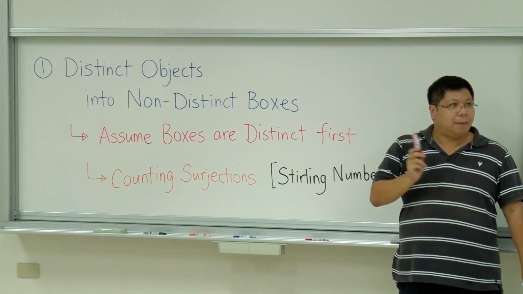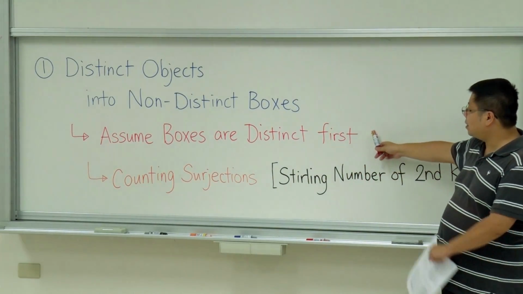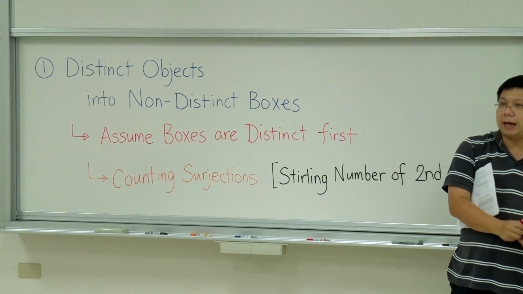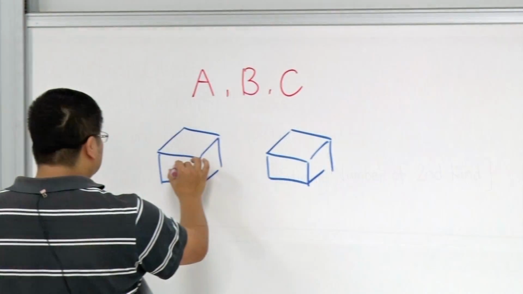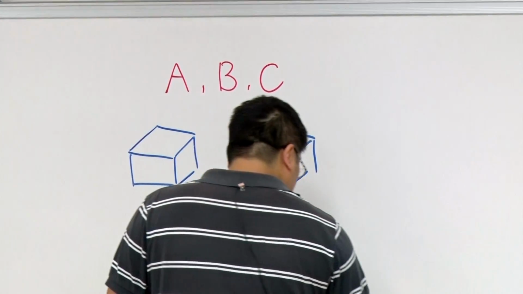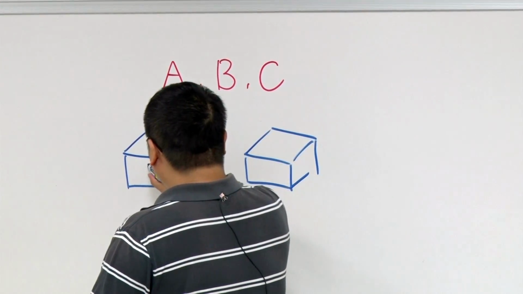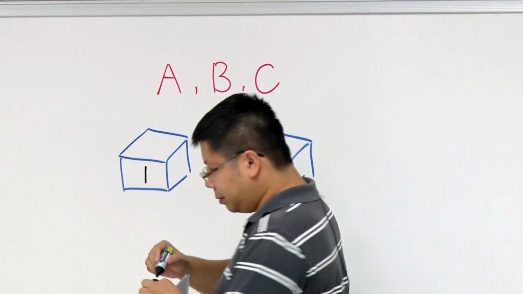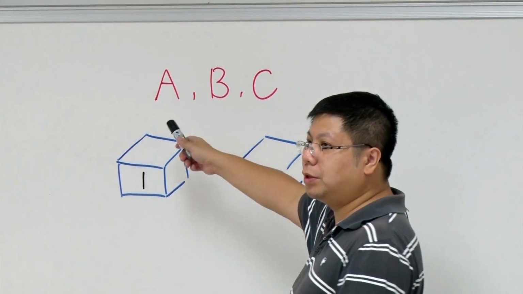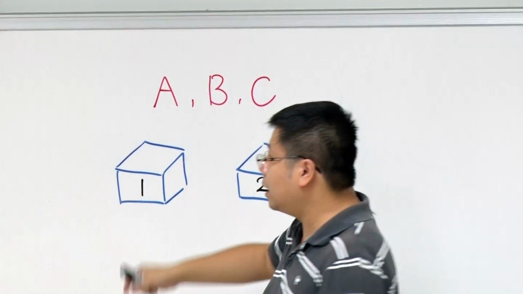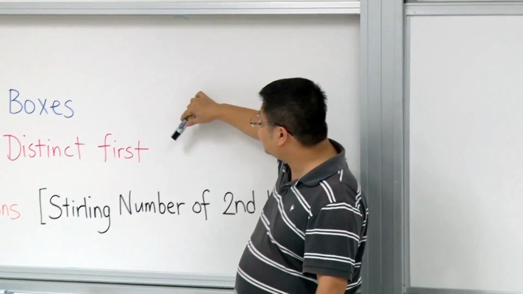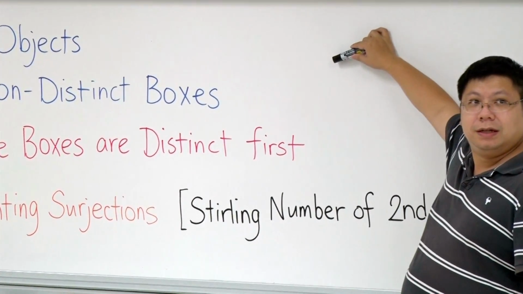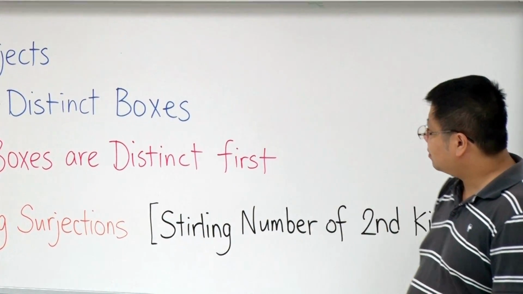But a better way may be to start with the case where the boxes are distinct at the beginning. So we assume that these two boxes are different, box 1 and box 2, and count the number of ways to put the items into the boxes. After that, we get back the relationship between this one and this one, so that we know how to count this one.